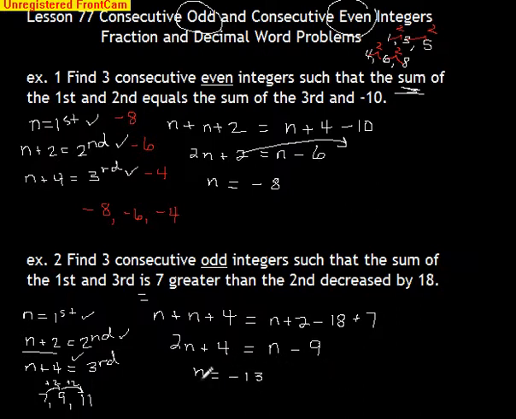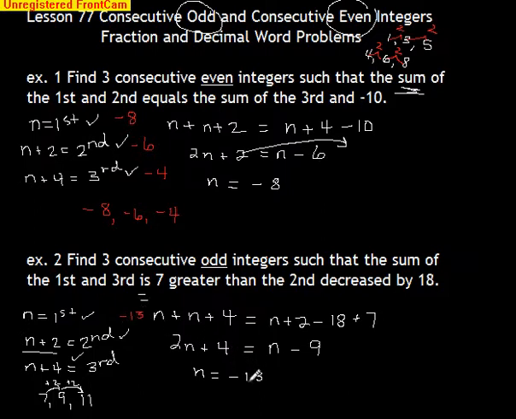So there we go. We have it. Make sure it's odd. If it says odd and you get an even number, you've definitely done something wrong. If you get a fraction, you've definitely done something wrong because it's asking for integers. So these are always going to be integers. And then we need to go find the other numbers. If the first one is negative 13, you can go right up to your heading and write the rest of the numbers.